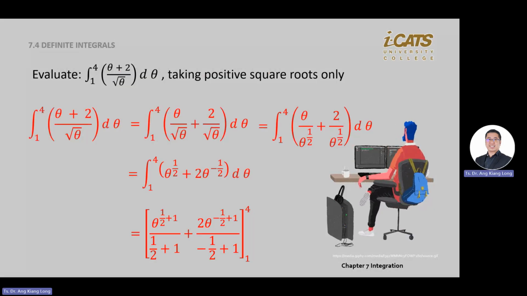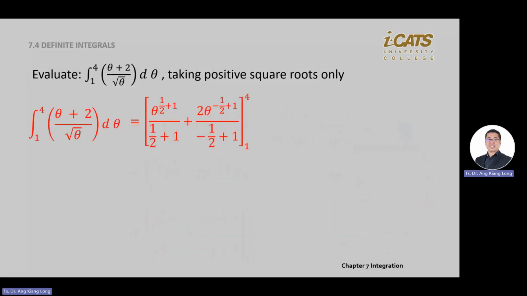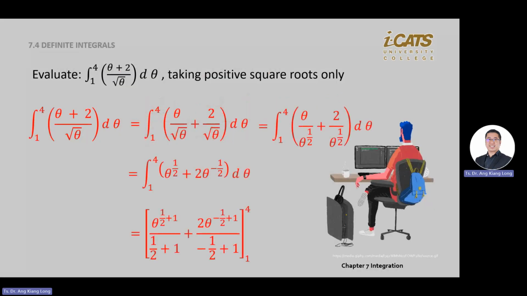Okay. Now, how to do this one? This second step to third step refer to table. You see it as a x power n. Then you do the integration part. Okay, this one need to do some homework. So these steps I carry to the next steps.